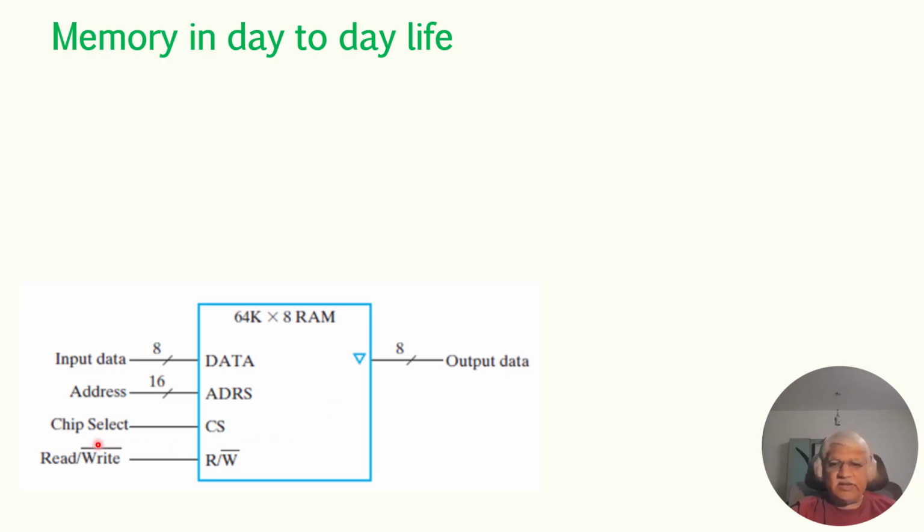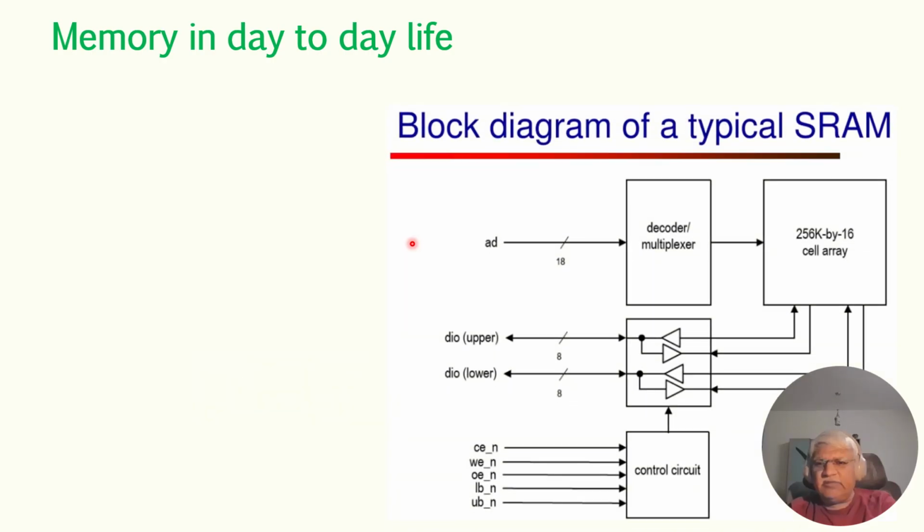Similarly, the chip select will control whether the RAM is on or off, and it has a control pin by which it can perform either read or write actions. Let's extend it a little bit further.